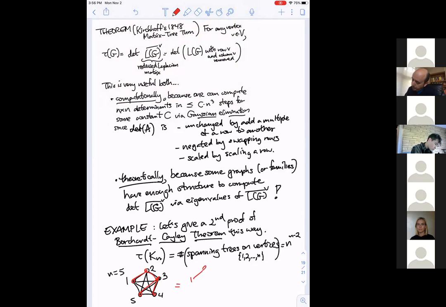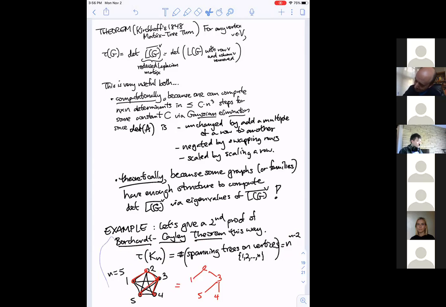And it's one of these things that we were talking about counting. So first of all, does everybody agree that another way of saying the Borchert-Cayley theorem is that tau of the complete graph Kn is n to the n minus 2? Okay. Good.